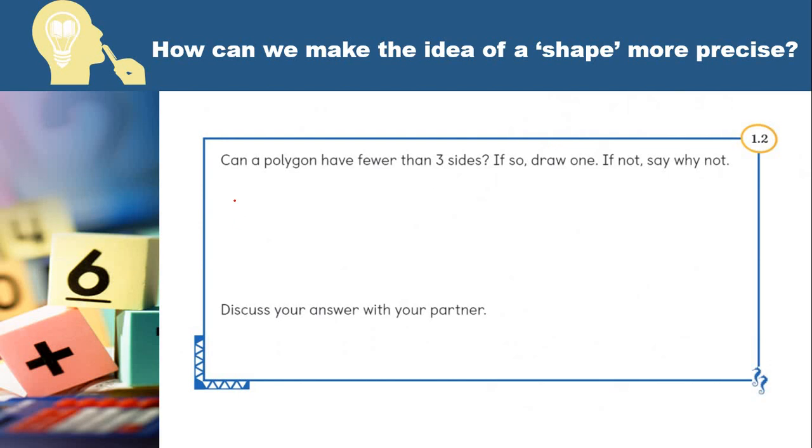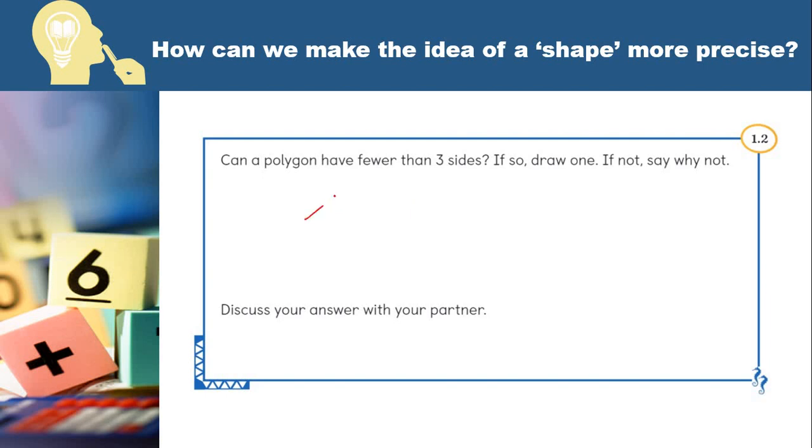Next, can a polygon have fewer than 3 sides? If so, draw one. If not, say why not. Can a polygon have fewer than 3 sides? Draw a polygon with 2 sides children.